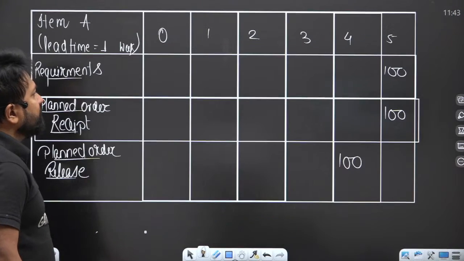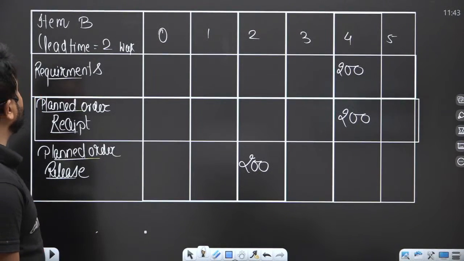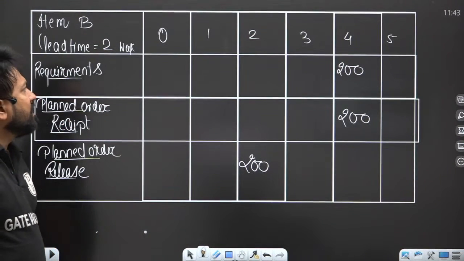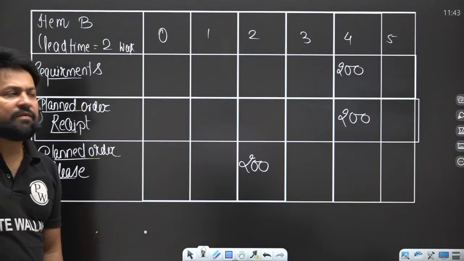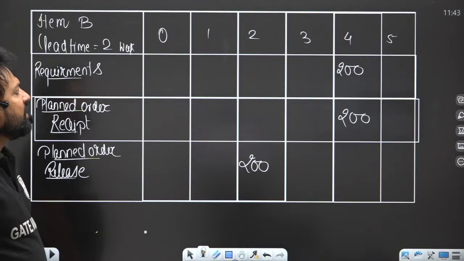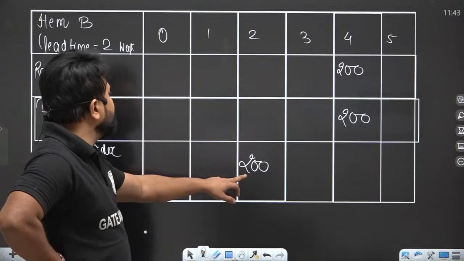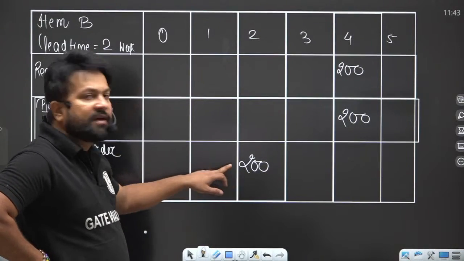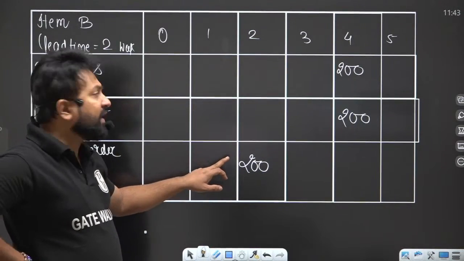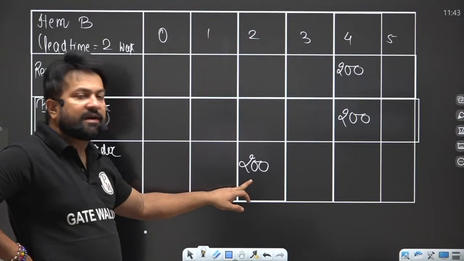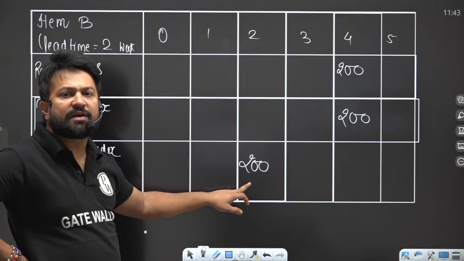The requirement of B is 200. Okay, so we need twice of that, that is 400. The requirement of B is in the second week. So the requirement of D also in the second week, and the lead time of D is 1 week.